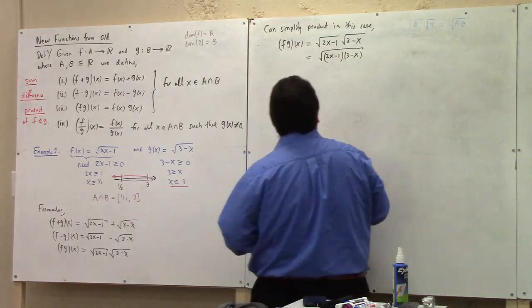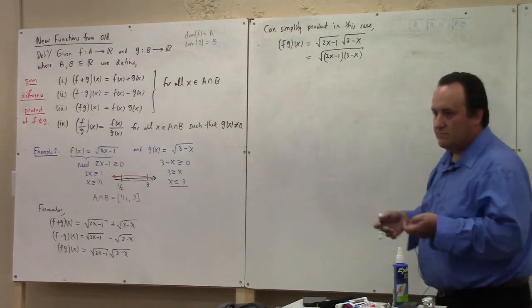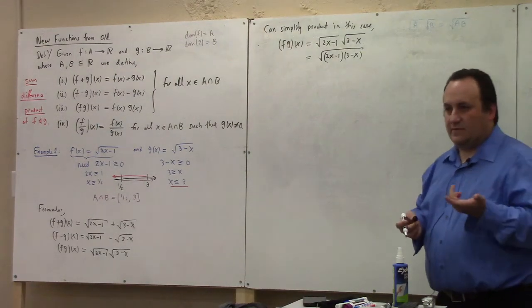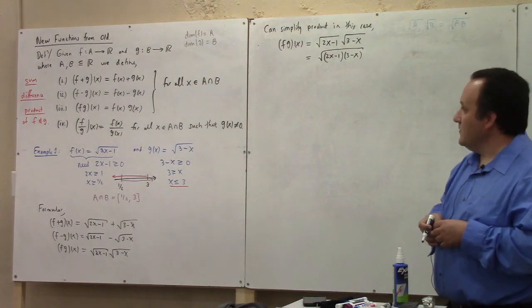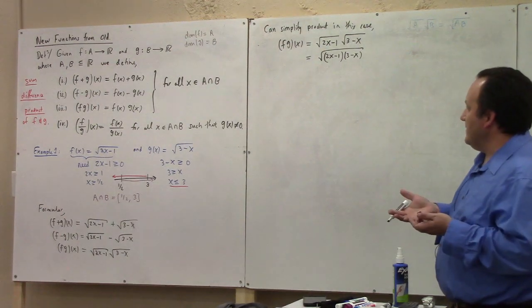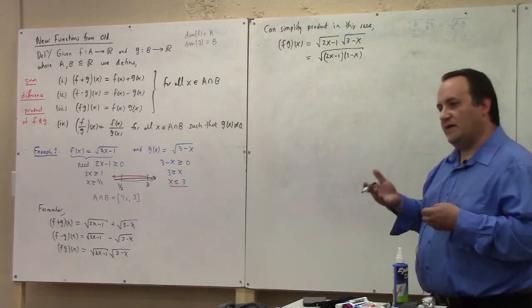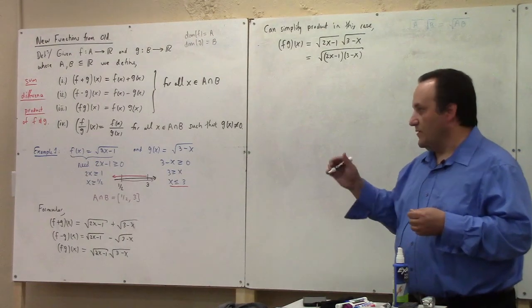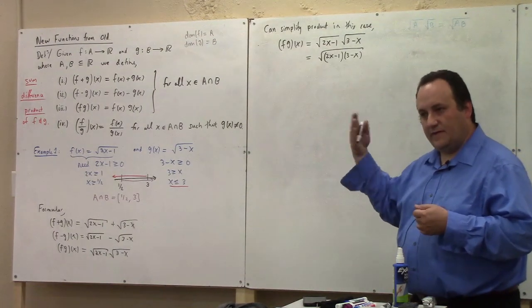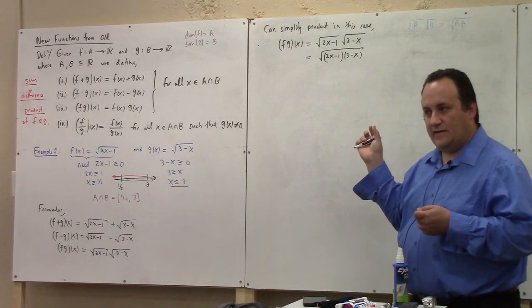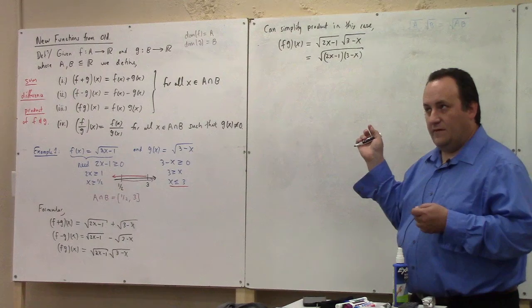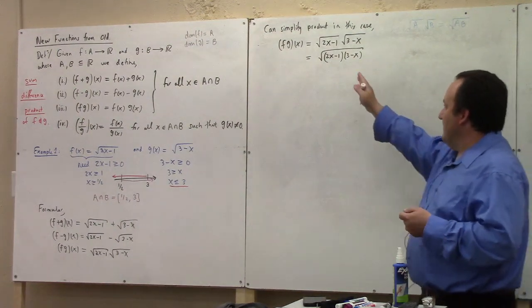And of course, you can multiply it out, but there's a slightly simplified formula for the product. Now, one thing I will warn you about here is when you make a simplification of the formula, like when you use one of these definitions and you make a simplification of the formula, it's possible to change the domain. Like if you were to ask the question, okay, well, what's the domain?